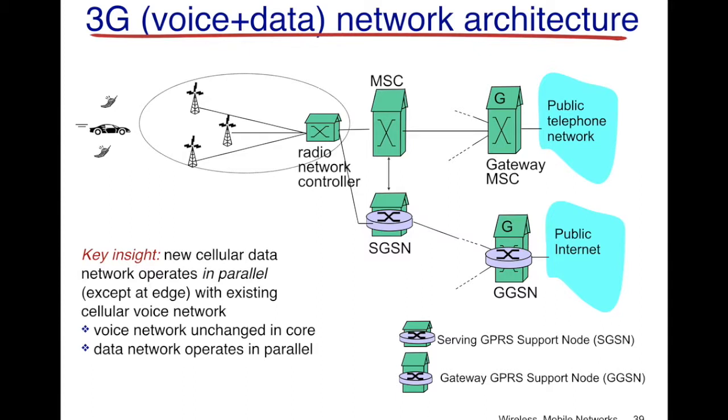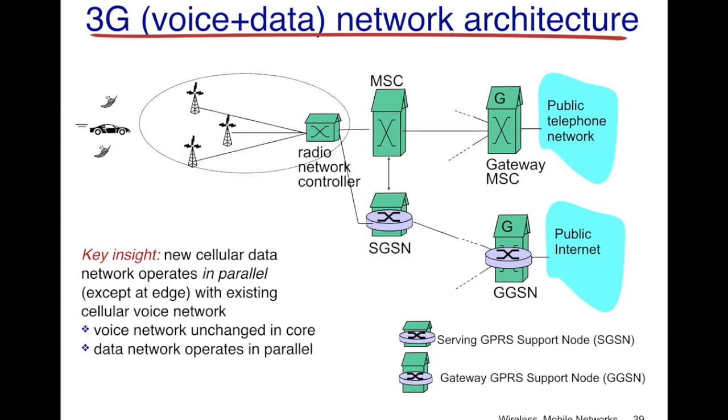Now, if somebody is calling using the cellular network, then from the RNC, the call went to the MSC, and then to the gateway MSC, and then to the public telephone network. However, if somebody was accessing data, that is the internet, from the radio network controller, these IP packets were sent to something called the SGSN, and after that, behind the SGSN was what is called the GGSN.